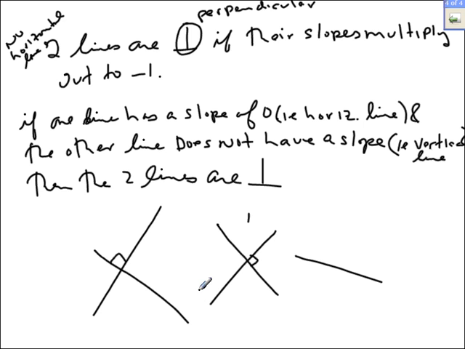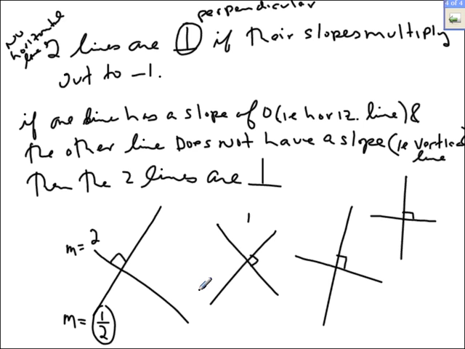And if one is horizontal and the other one is vertical, they're also perpendicular.